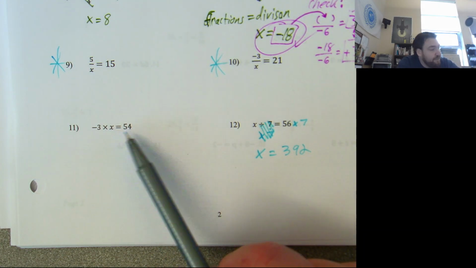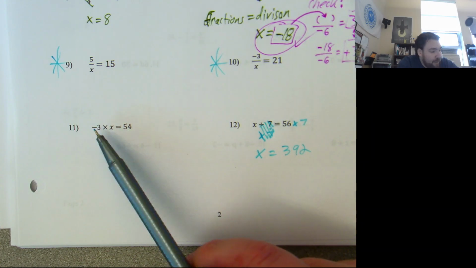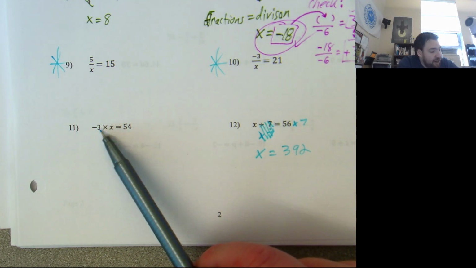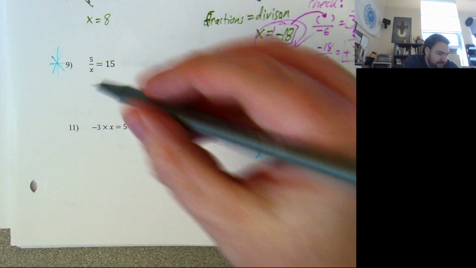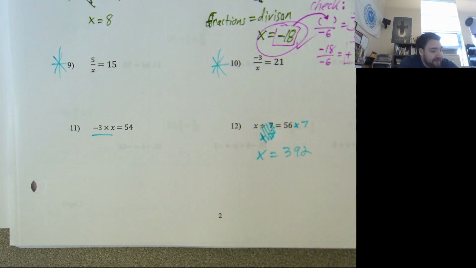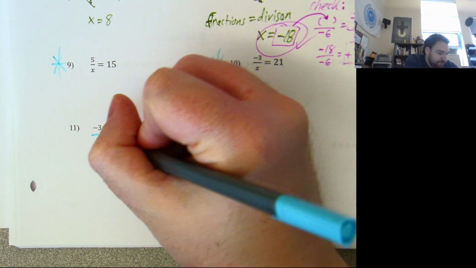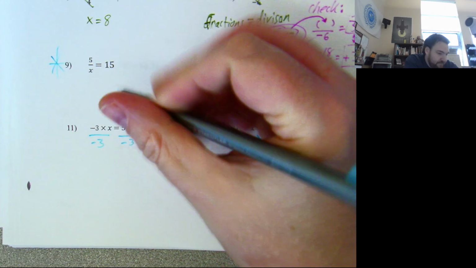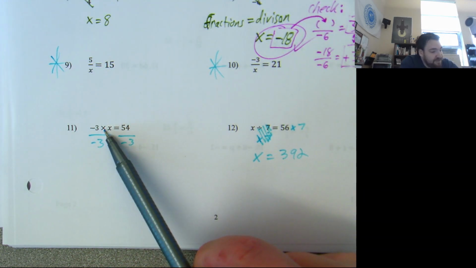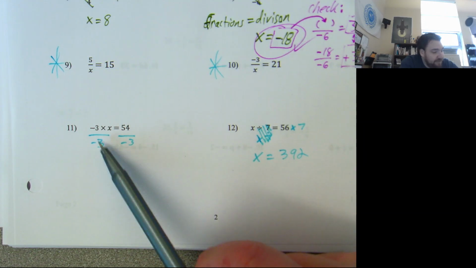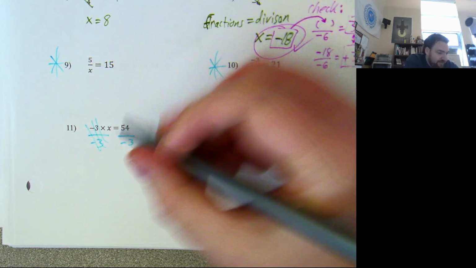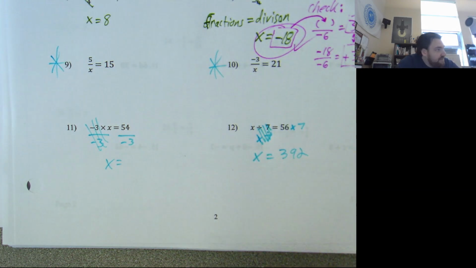Negative 6 times x equals 54. I want to get x by itself. What is the opposite of multiplying? Division. And we're going to divide by the same thing we're multiplying by. Negative 6 times and negative 6 dividing cancels. We're left with just x. Hassan, you got a calculator.